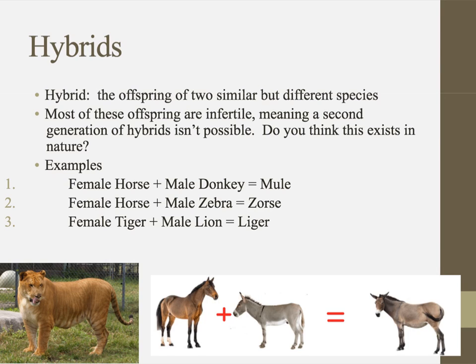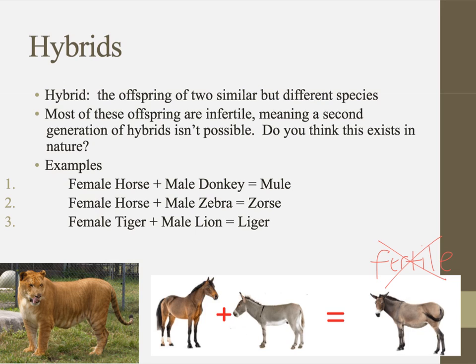And these are what we call hybrids, the offspring of two similar but different species. And again, I know they're different species because things like this, the donkey, are not fertile. They can't produce babies of their own. So that means horses and donkeys aren't the same species. There's a couple of examples here.